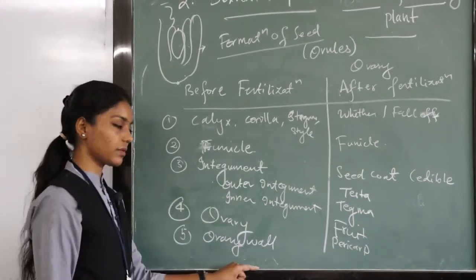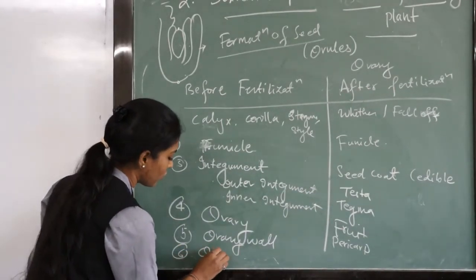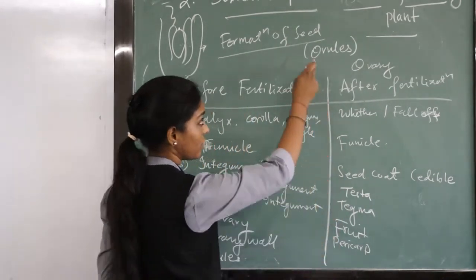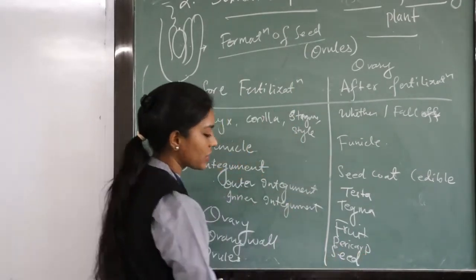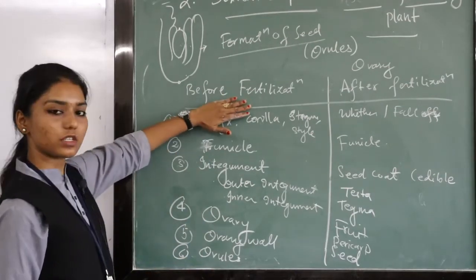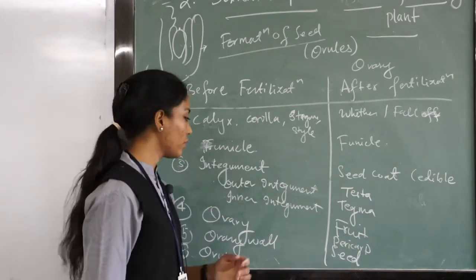Okay, we will see it is a part of fruit only. And ovules are called, as we are seeing, the mature seed. I hope you are clear with the things: before fertilization what it was called, and after fertilization what they are called. Okay.